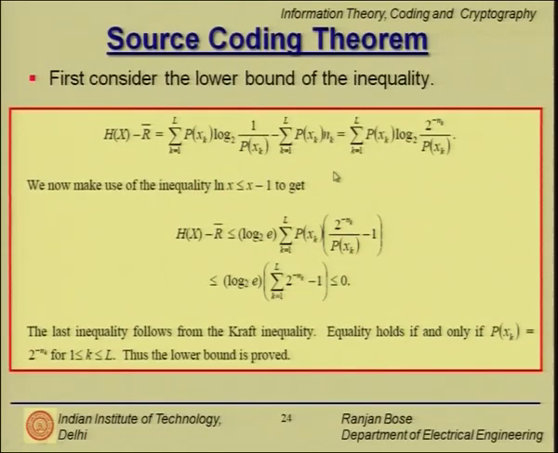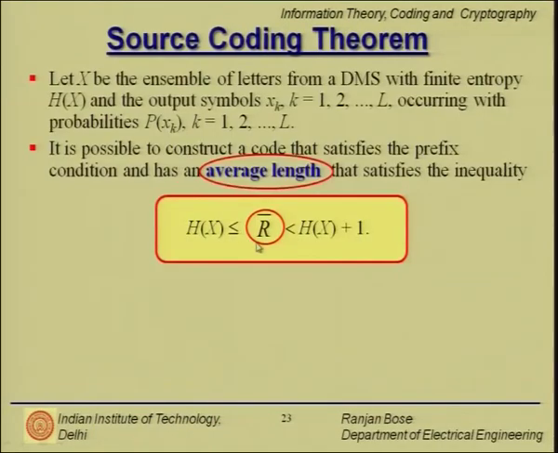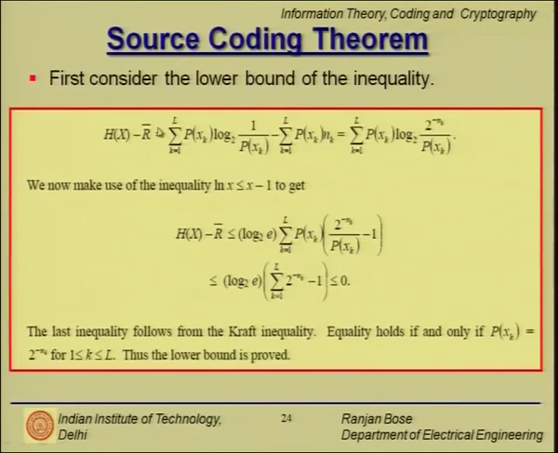So, let us quickly look at this theorem and consider the lower bound of the inequality. In order to prove that, let us start with H(X) minus R bar. So, we are trying to prove the left hand side, H(X) less than or equal to R bar. To do so, we start with H(X) minus R bar and we substitute these values.